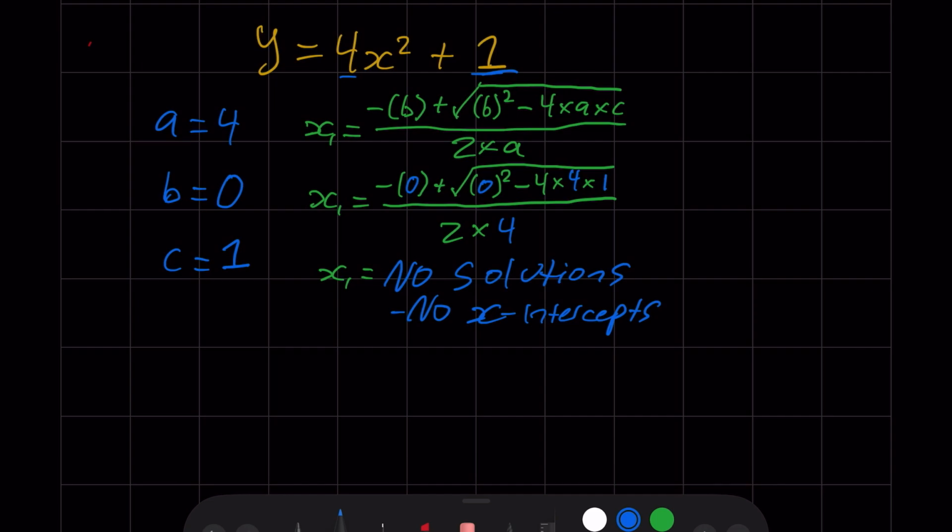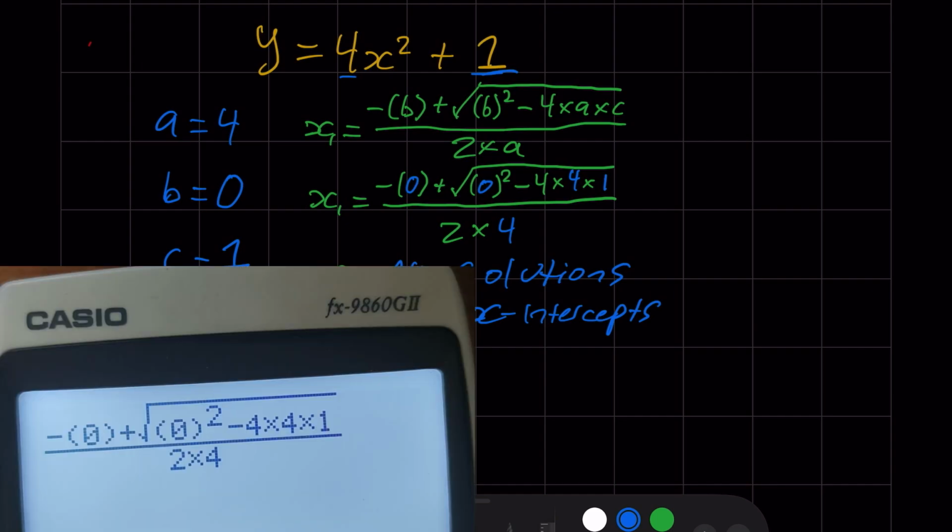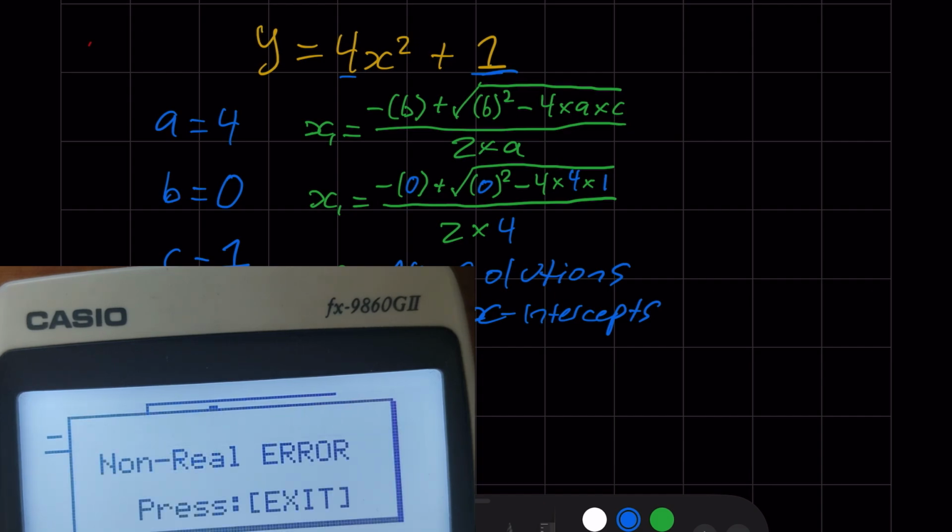Now you might be wondering, what about the other part of the formula where we have a negative instead of a positive? Well, let's check that. If I go back in and change my positive for a negative and go equals, nope, we get the exact same problem. Just an error. So there are no solutions for this.